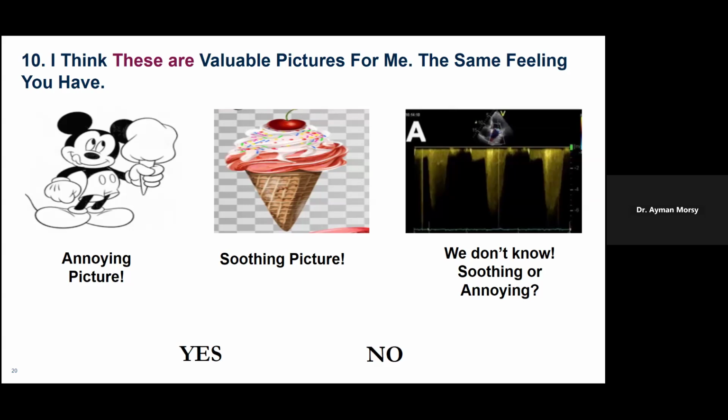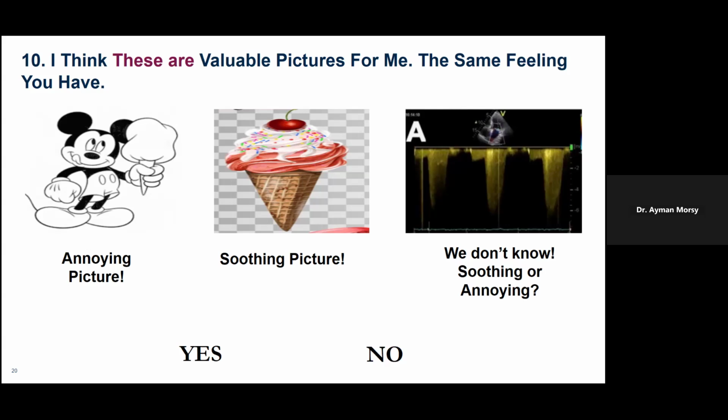And these patients take ice cream, as you see here. This is an annoying picture for you, meaning if you see in your practice that the heart of your patient has changed to become a Mickey Mouse heart, is this picture annoying to you or not?